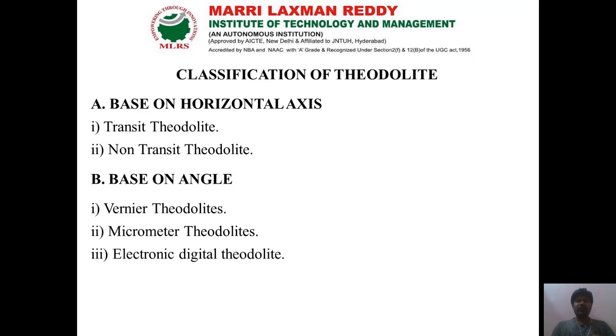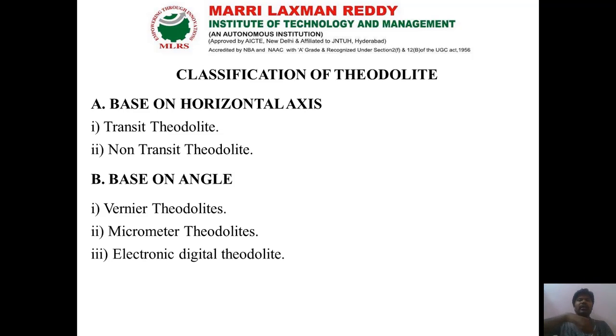Next, classification of theodolites. The theodolites are classified based on two categories. The first one is based on the horizontal axis, where we have some base so that we can rotate it easily. That is called transit theodolite and non-transit theodolite, based on the rotation. If with respect to the horizontal plane the theodolite can be rotated, then it is called transit theodolite.